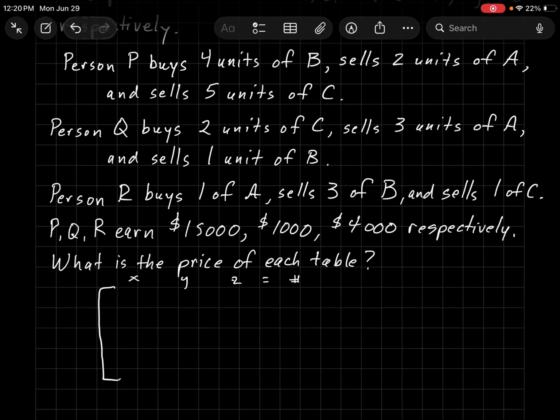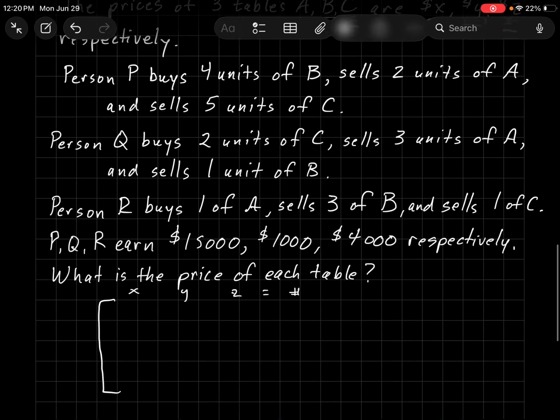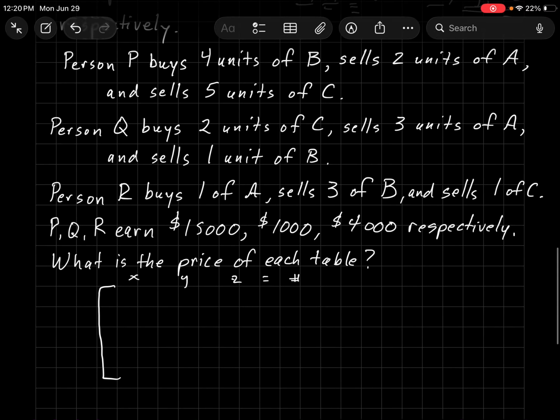Okay. So how would I do this? Well, it says person P buys 4 units of B, but I want my A's, which correspond to the X's, right? So A goes with X, B goes with Y, and then C goes with Z. So let's get our X's first, which corresponds with the A. So I could say 2 with the X, and then how many Y's?